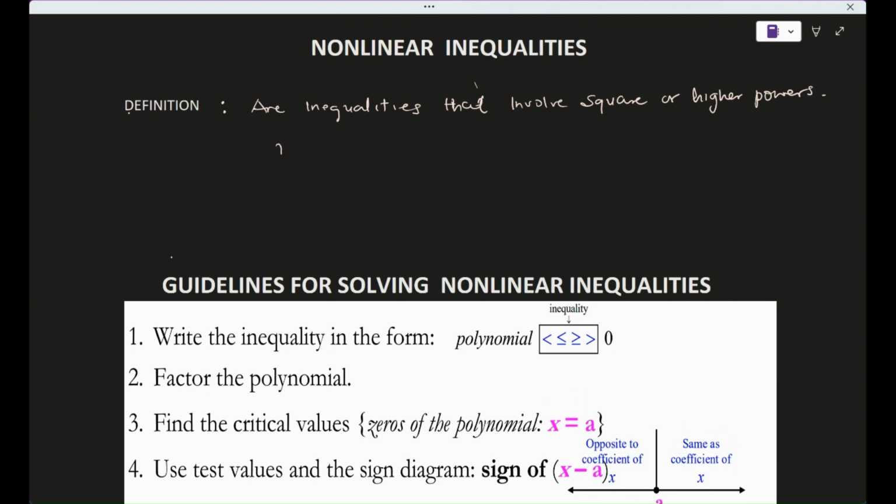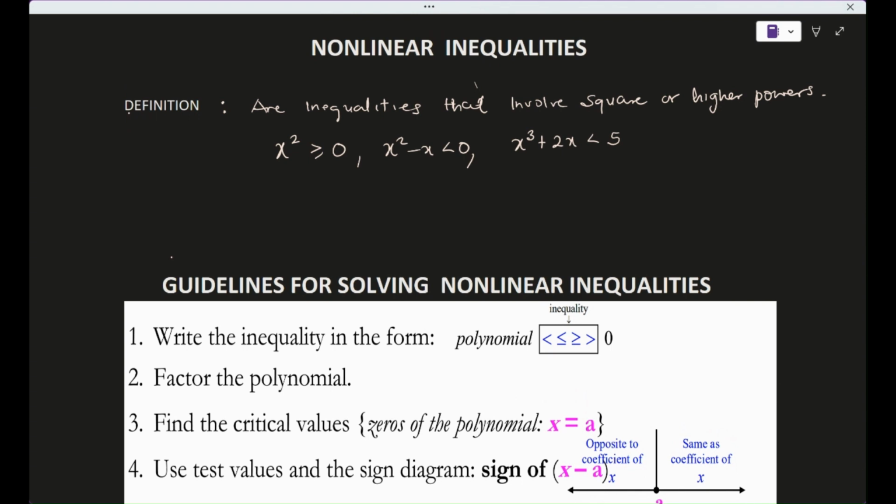For example, if you have x squared is greater than or equal to 0, this is a nonlinear inequality. Or we have x squared minus x is less than 0. This is also nonlinear. Or we have x cubed plus 2x less than 5. These are all examples of nonlinear inequalities.